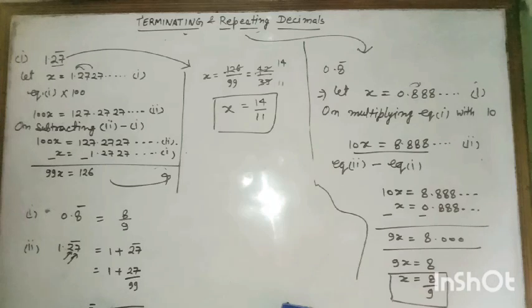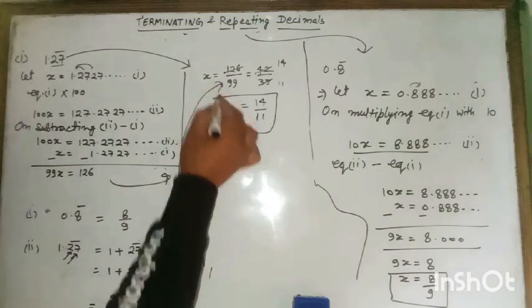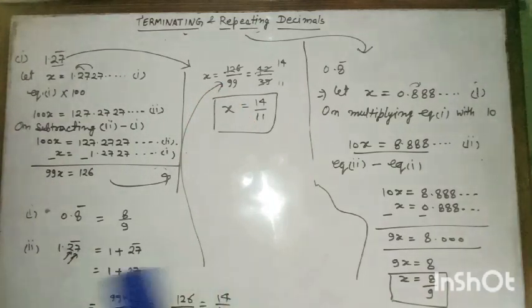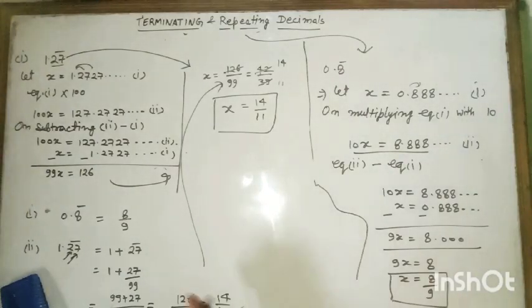After solving it, it becomes 99 plus 27, which is 126, upon 99. You can see the result is equal to 14 upon 11 only. Means like this also you can do for checking your answer.